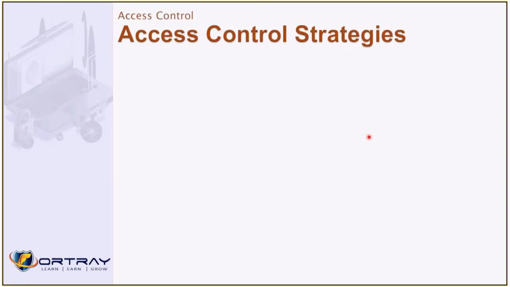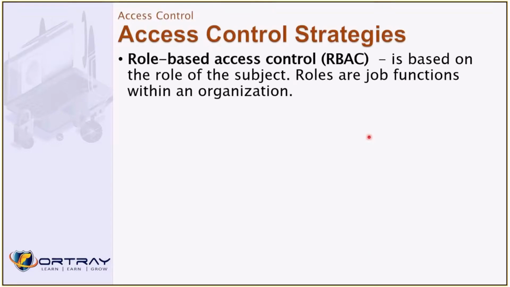Okay, this is important, maybe the RBAC. Have you heard about RBAC, by the way? Role-based access control is based on the role of the subject, or job function in your organization. Let's say you recently passed the CCNA.